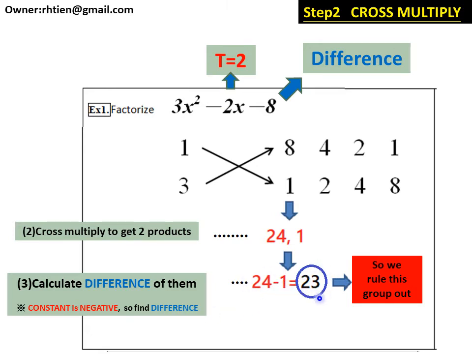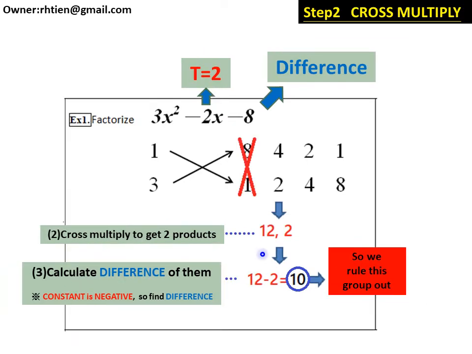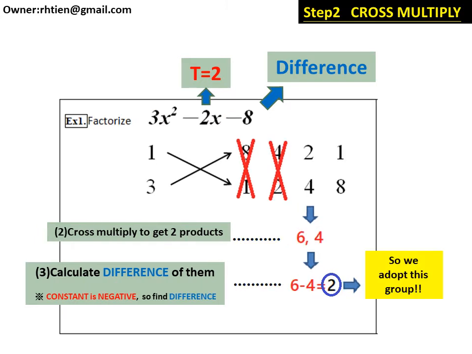It is not the target number, so we rule this group out. And the second group, 1 times 2, 3 times 4, we get 2 and 12. We calculate the difference, we get 10. So it is still not the target number, so we rule this group out.